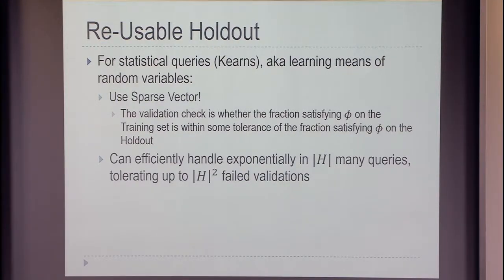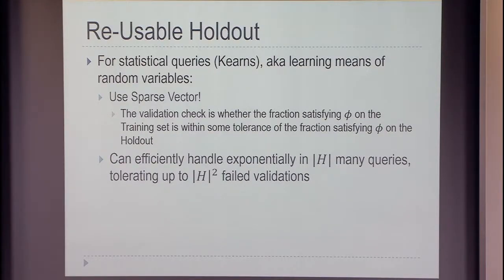Our interaction with the holdout set will be through the sparse vector technique that you've heard about. When you think you found something interesting, some predicate, you compute the fraction of the training set that has that predicate, and then in a differentially private way you learn whether the difference between the fraction on the holdout and the fraction on the training exceeds a threshold or not.